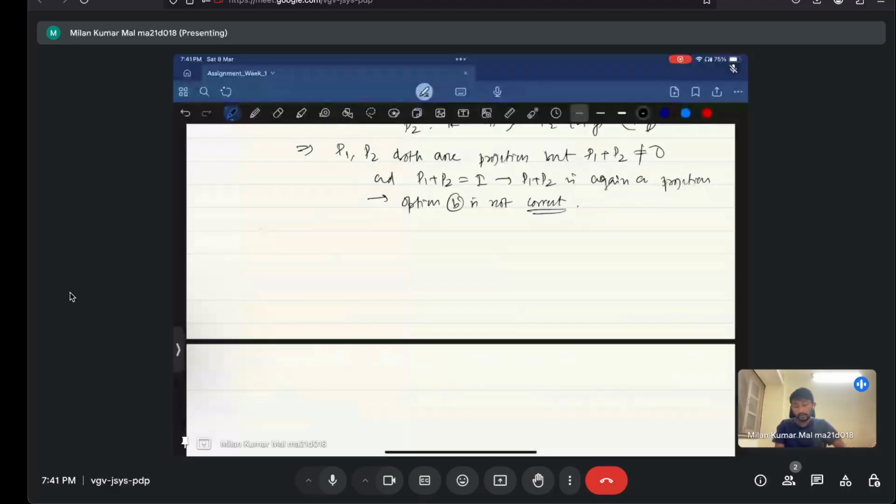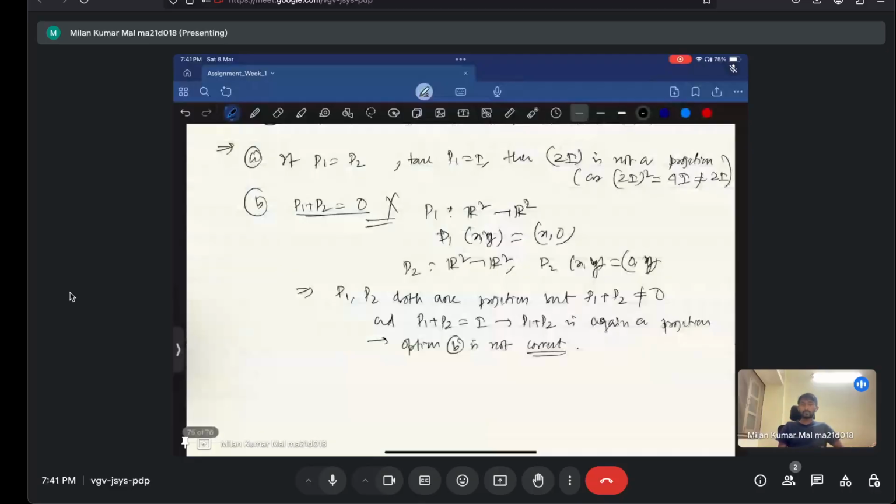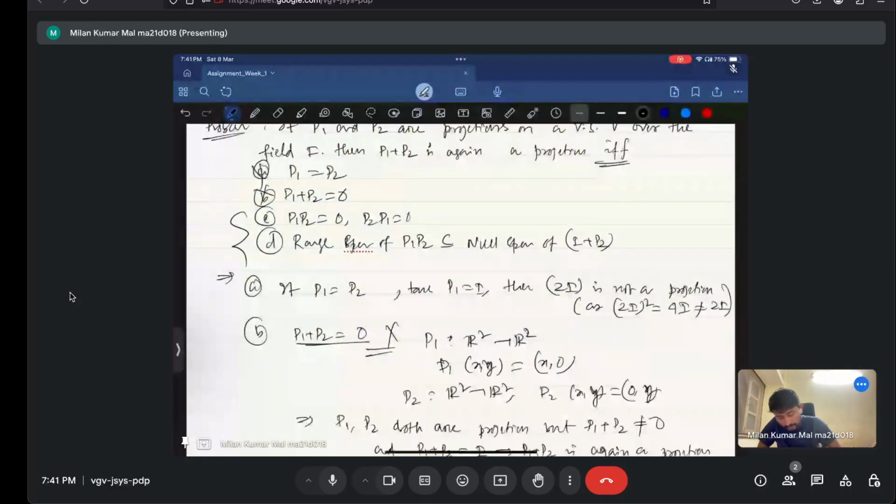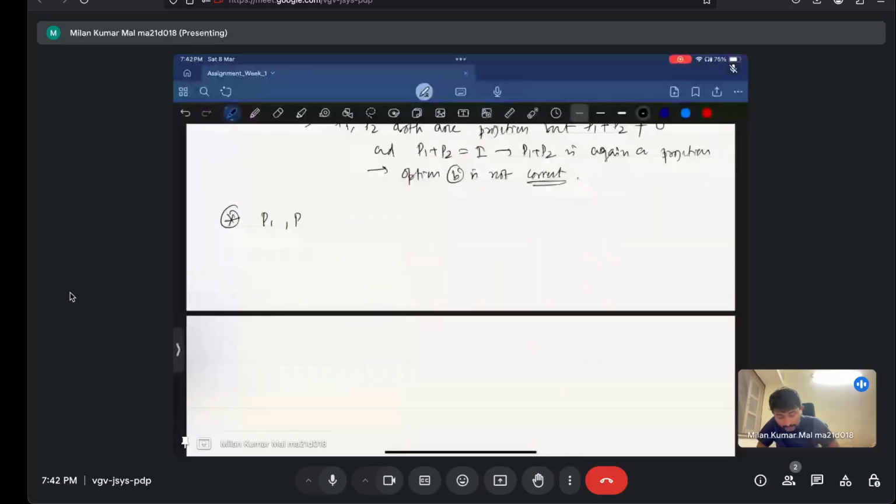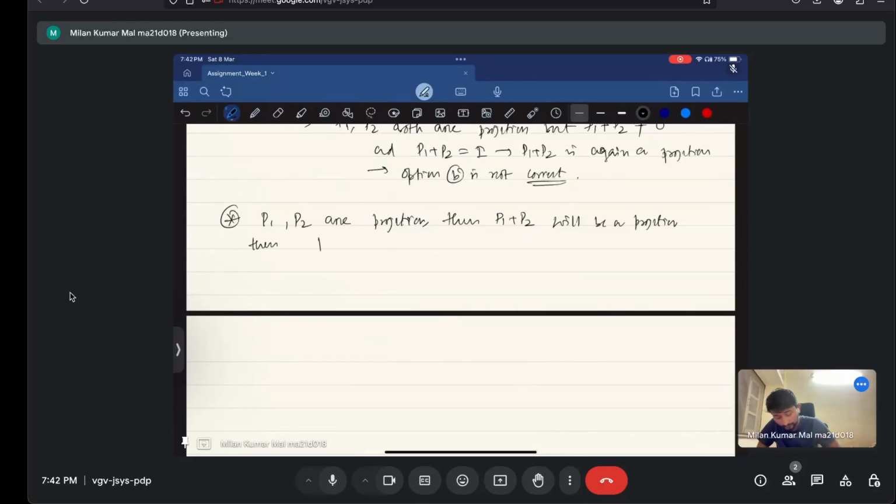So now we will show that for options C and D, if we take these two things simultaneously, then P1 plus P2 will be a projection. Now P1 and P2 are projections, then P1 plus P2 will be a projection, then (P1 plus P2) squared is equal to (P1 plus P2) into (P1 plus P2).